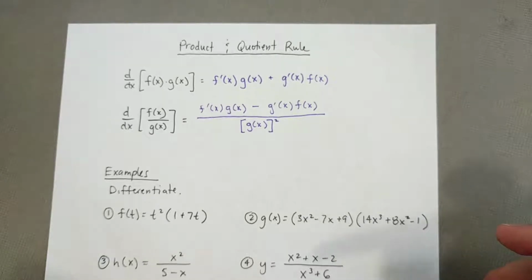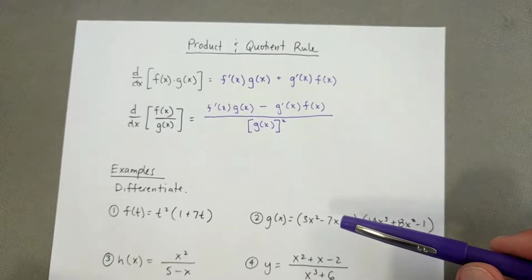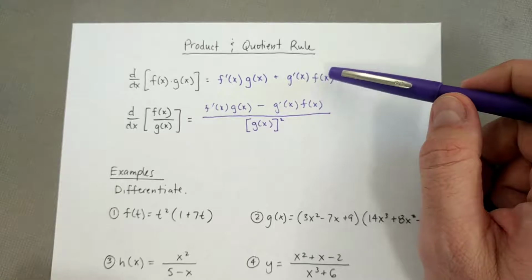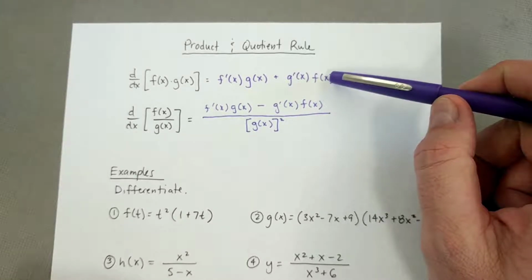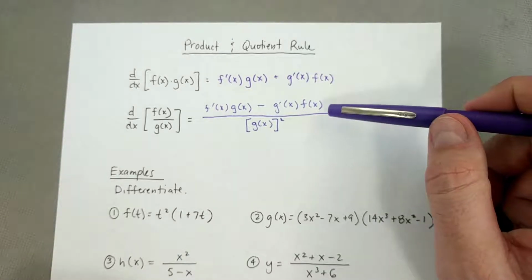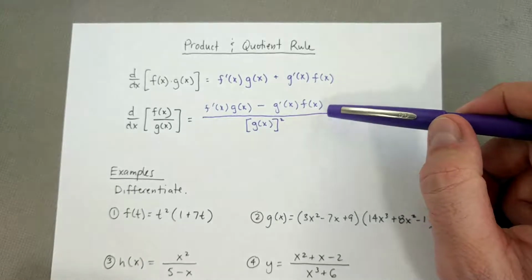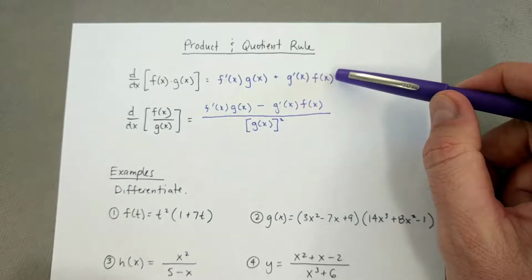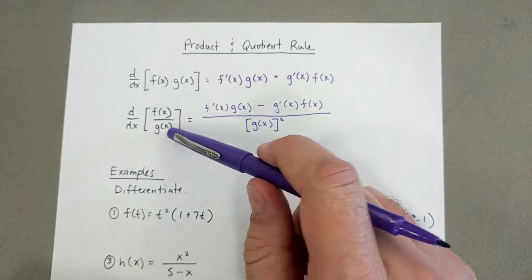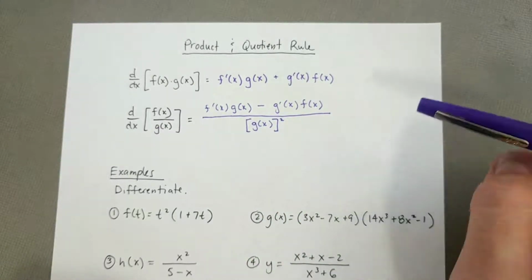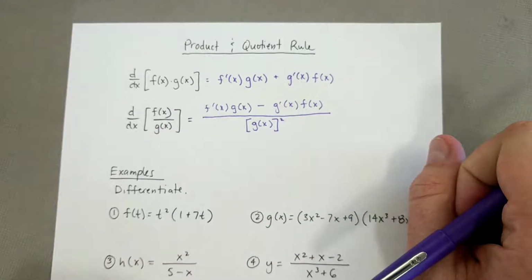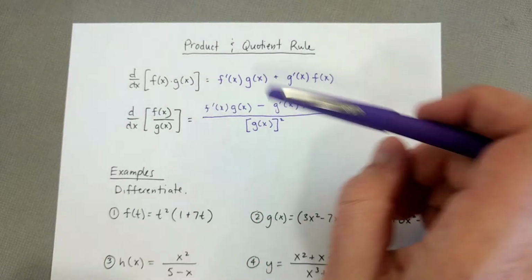Okay, so in class we will go over a visual proof of the product rule, and then later on in homework you'll see a proof of the quotient rule based on the product rule. Since division is just multiplying by a reciprocal, you can sort of use the product rule to help you out there.